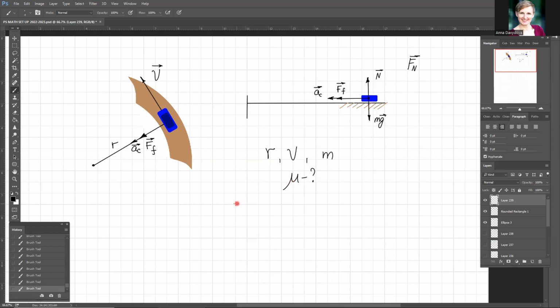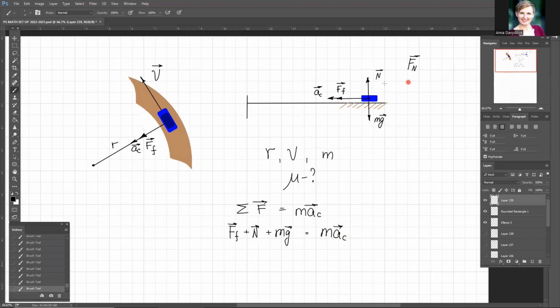Let's write the second Newton's law, that the sum of all forces acting on this car equals ma, where a is the centripetal acceleration. Which forces are they? Friction, normal, mg. Equal ma, centripetal.